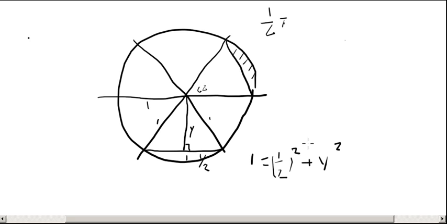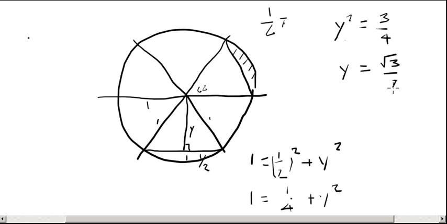So that gives us 1 equals 1/4 plus y squared, so y squared equals 3/4, or y is equal to the square root of 3 over 2.